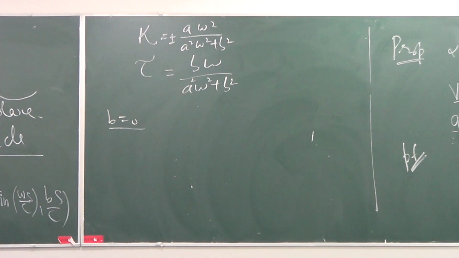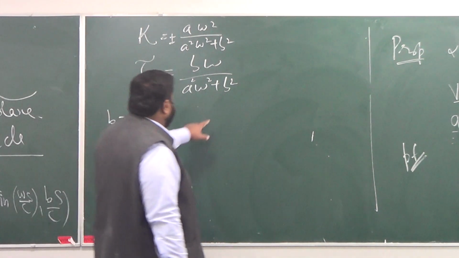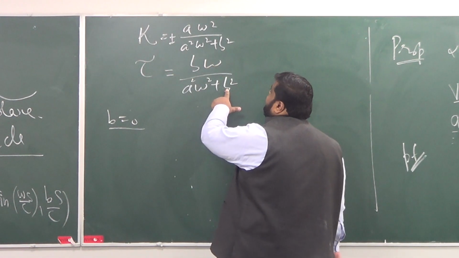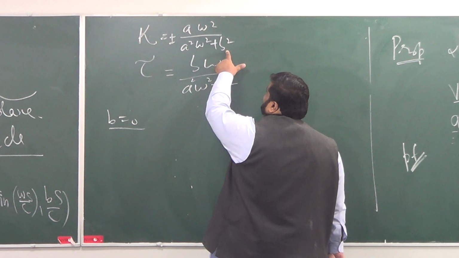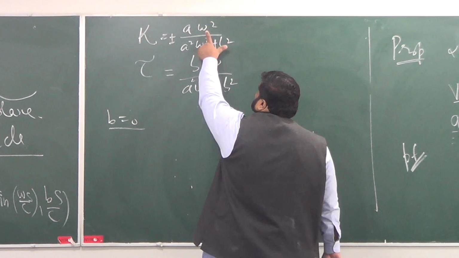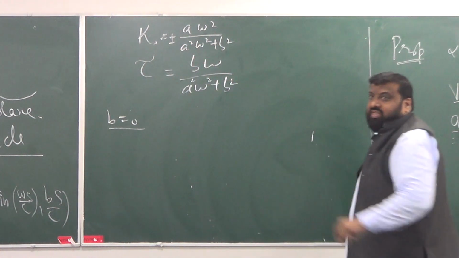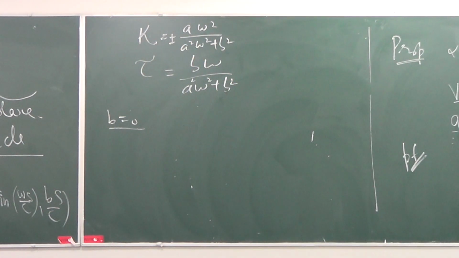So you will be moving in circles. You can observe it from here also. If b is 0, then the torsion is 0. And if b is 0, then kappa is going to be 1 over a, which is the radius of the circle. So it makes complete sense.